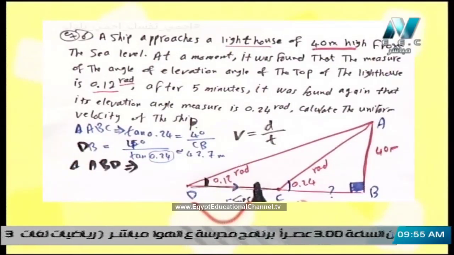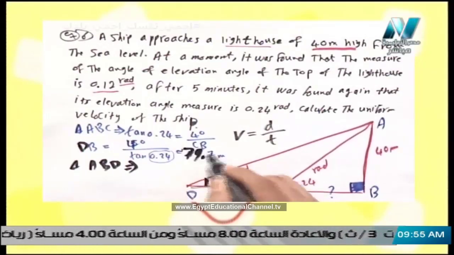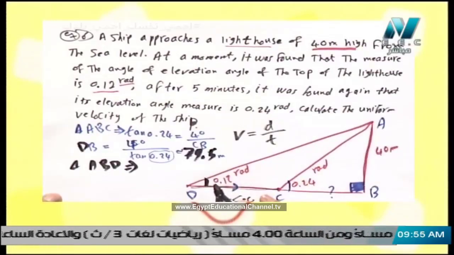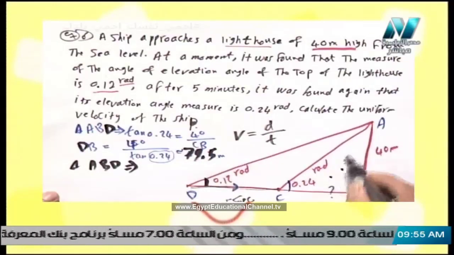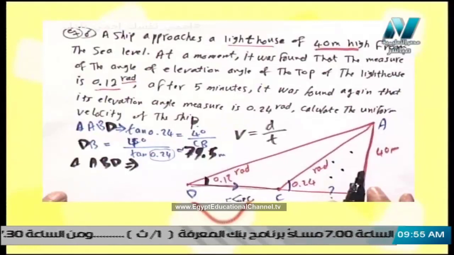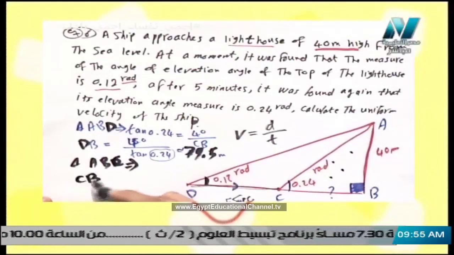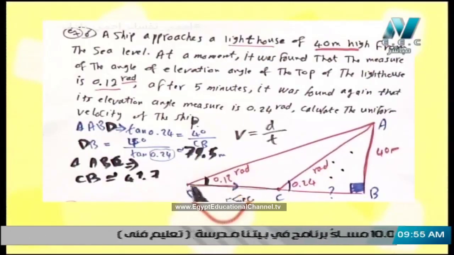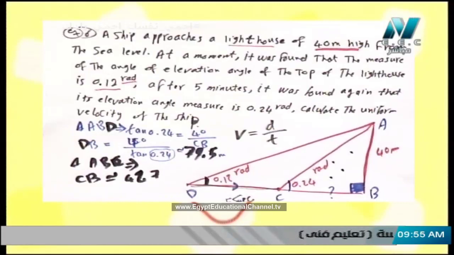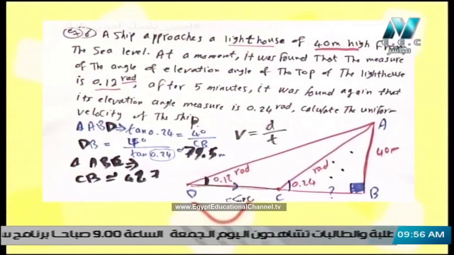So here BD will equal 79.5, and this is triangle ABD, of course. And we will deal with triangle ABC, where we found that CB is approximately 42.7.